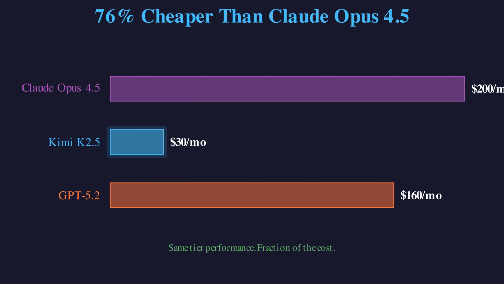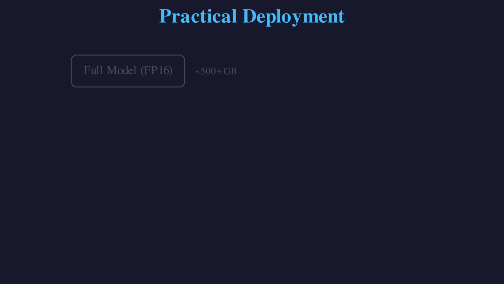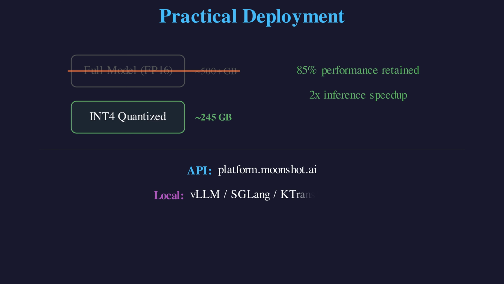If you want to run it yourself, the full FP16 model is over 500 GB, so that's not happening on consumer hardware. But INT4 quantization brings it down to 245 GB, while retaining 85% of the original performance and doubling inference speed. You can deploy it through frameworks like vLLM, SGLang, or KTransformers.